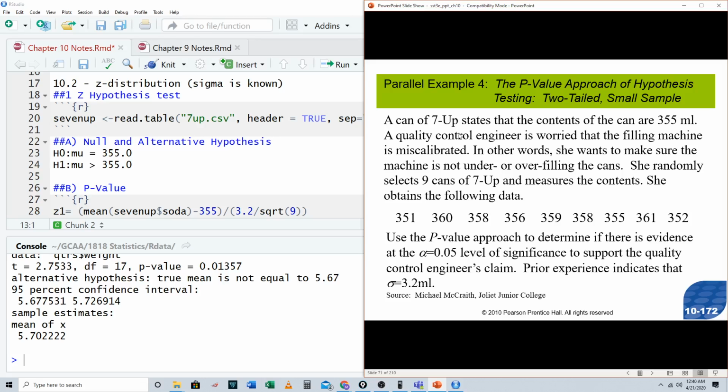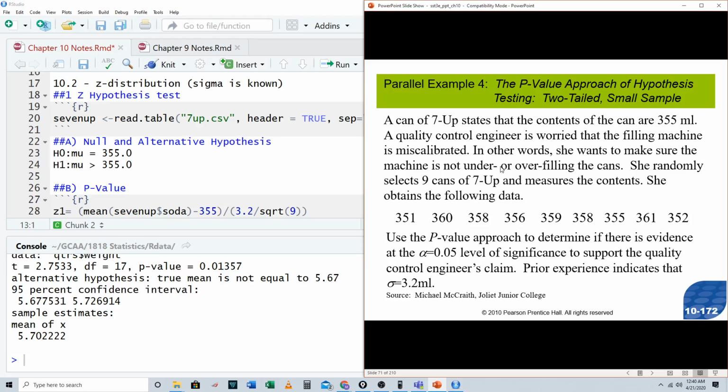I have a can of 7 Up. The quality control engineer worries about the filling machine, meaning they don't know if it's underfilling or overfilling. Selects 9 cans. Use the p-value approach to determine the claim. Prior experience indicates that sigma is equal to 3.